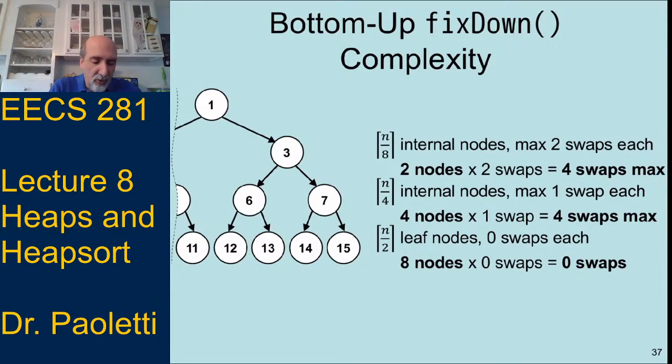So 3 could swap with 7. 3 could swap with 16. So it did at most 2 swaps before it got all the way down to a leaf node.